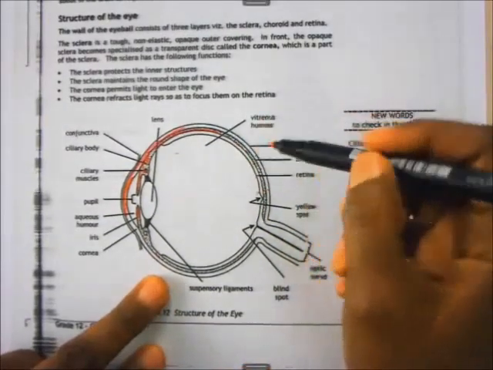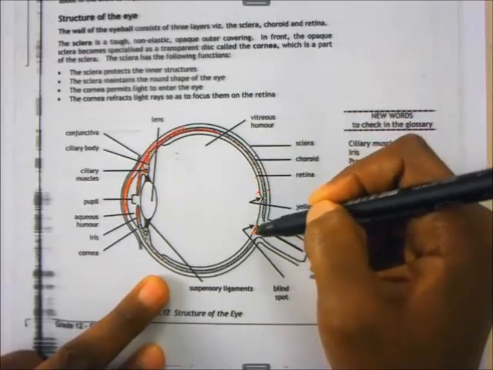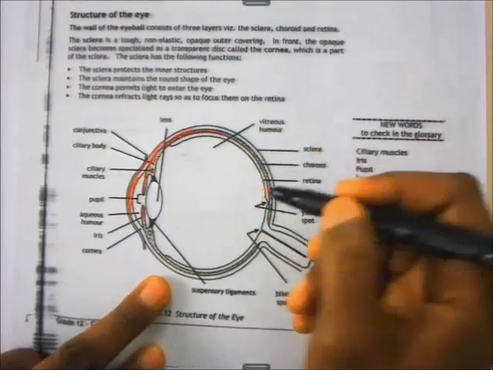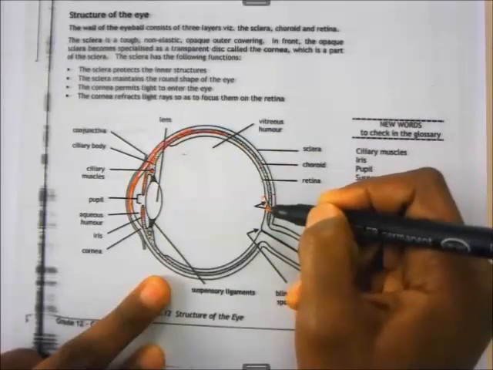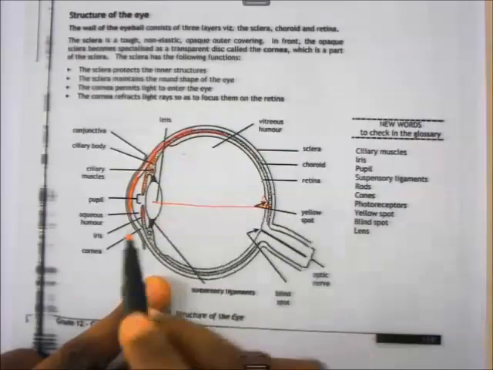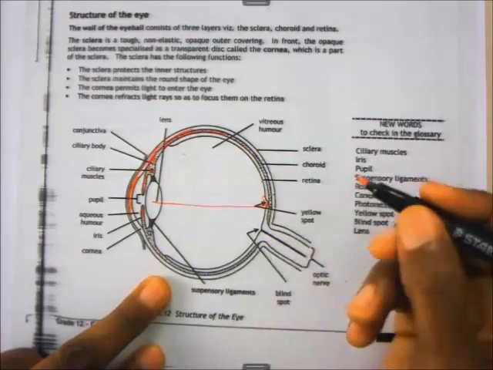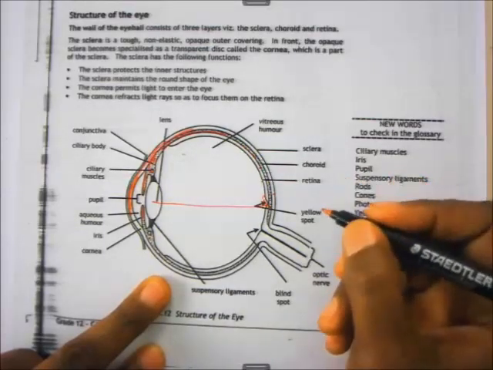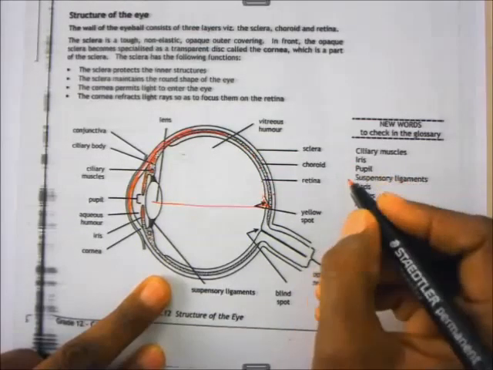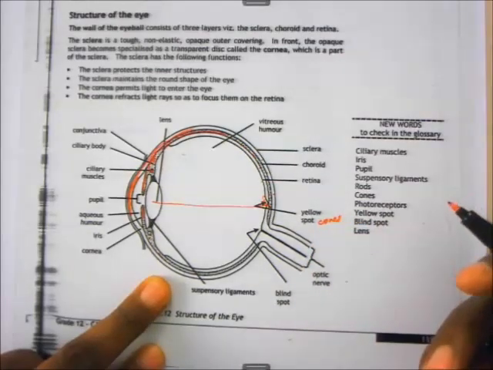So now, here on the retina, there are two spots. We do have the yellow spot, which is in line with the lens. So now what must be known about the yellow spot is that the yellow spot contains the cones.